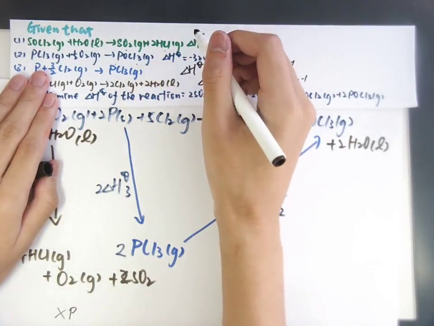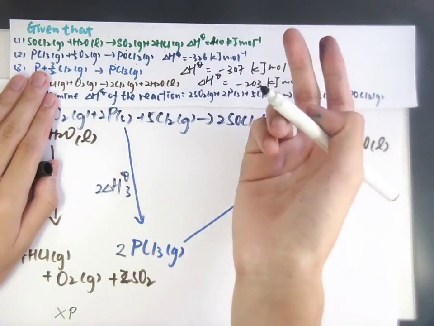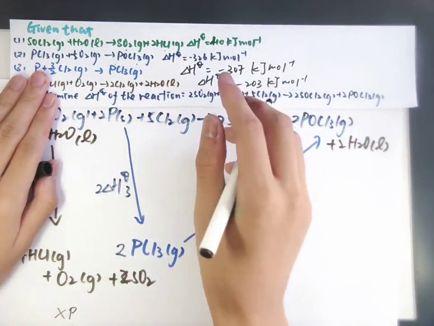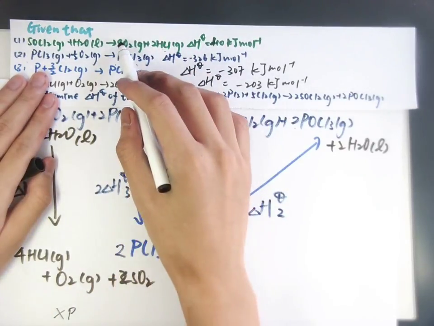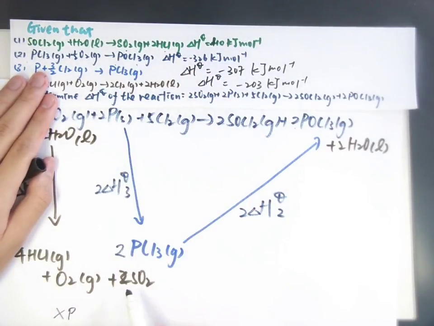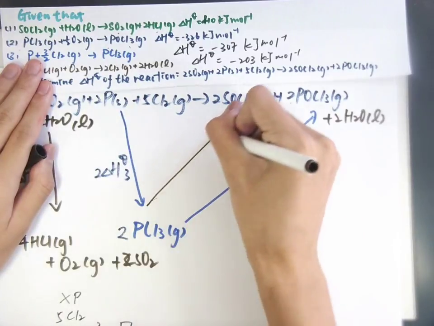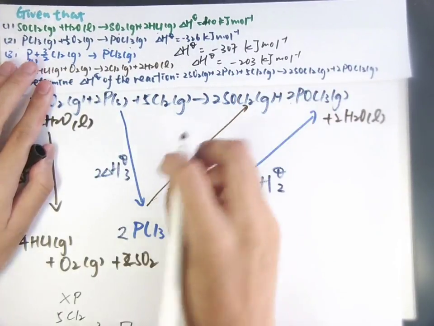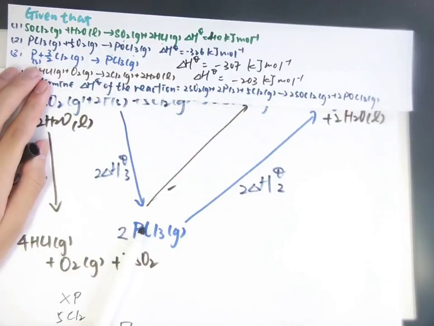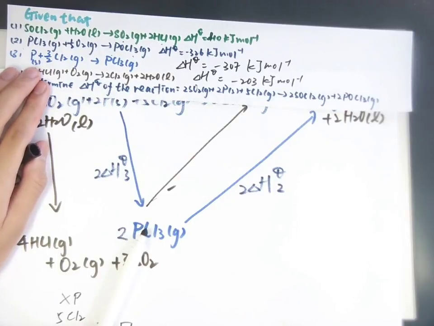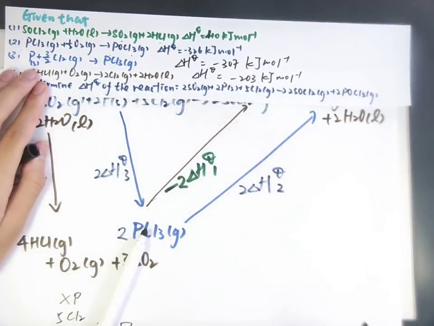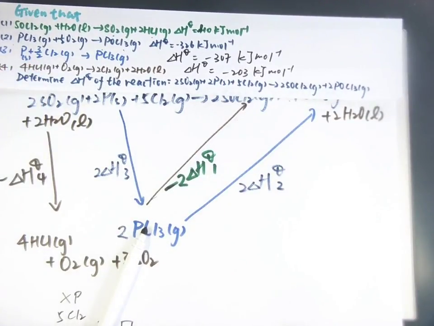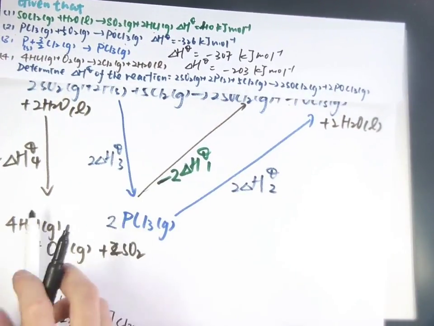Why negative? Because we have reversed the direction. Why 2? Because 4 HCl, 2 SO2. Can you see that? So this will be negative 2 delta H1. So we have already completed the question, step 1, okay?